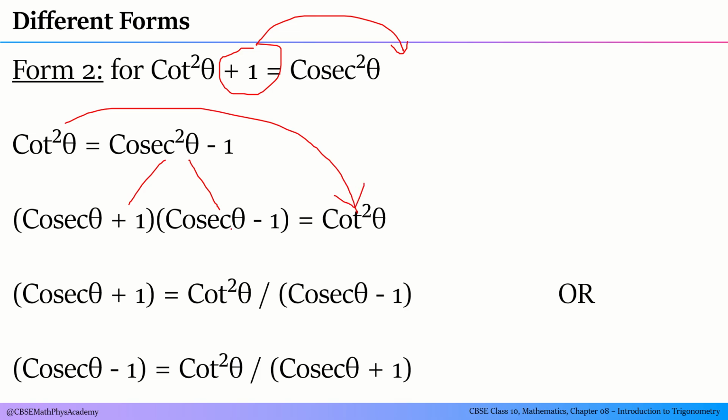This I can rearrange, keeping one particular form on one side, as cosec theta plus 1 is equal to cot square theta divided by cosec theta minus 1. Another format is cosec theta minus 1 on the left hand side, and on the right hand side cot square theta divided by cosec theta plus 1.